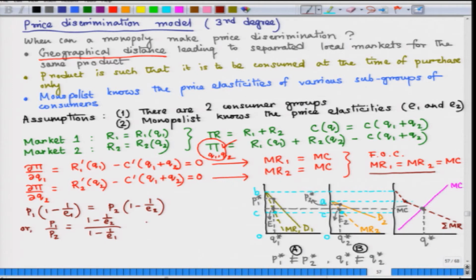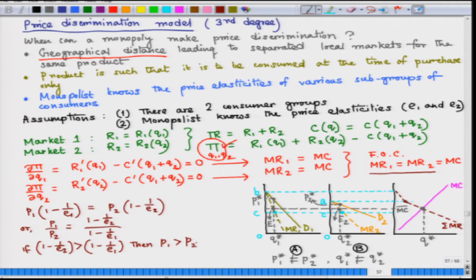right. So, if 1 minus 1 over E2 is greater than 1 minus 1 over E1, then P1 is greater than or equal to P2, right.